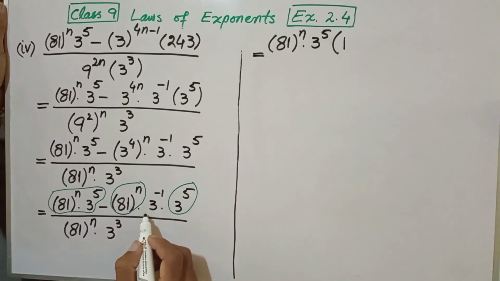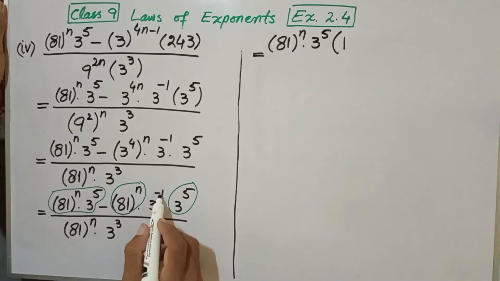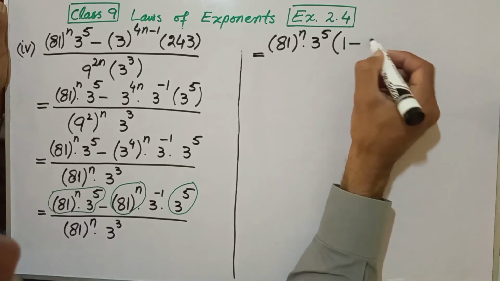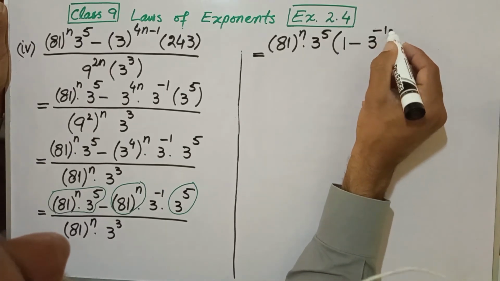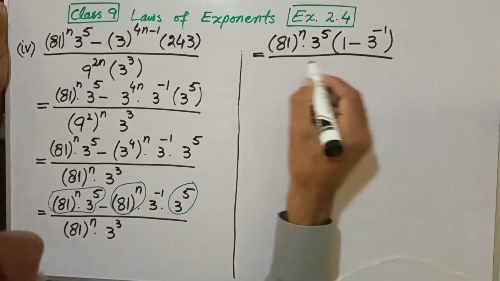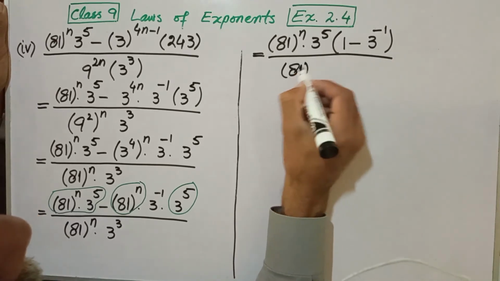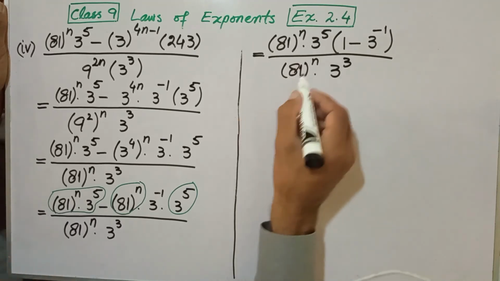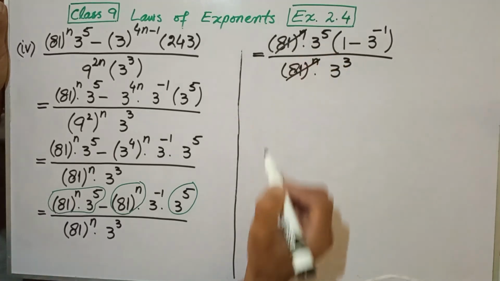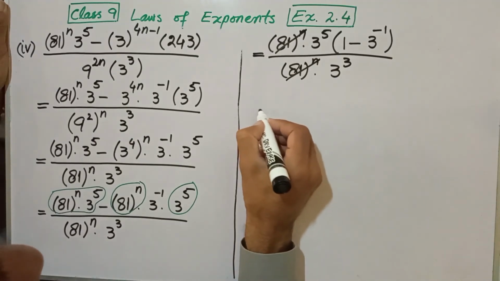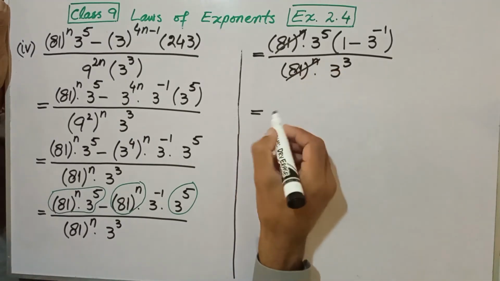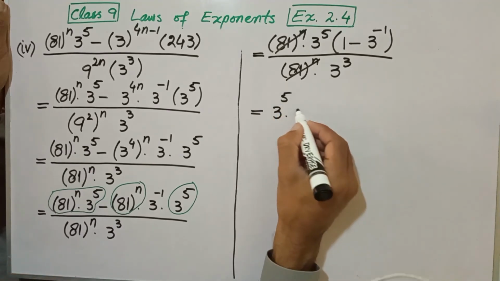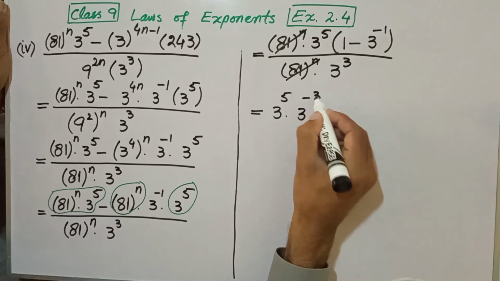And from here, 81 power n into 3 power 5 will be cancelled, and we have 3 power negative 1, divided by 81 power n into 3 power 3. Here 81 power n is cancelled with 81 power n, and from here we can write 3 power 5 into 3 power minus 3.